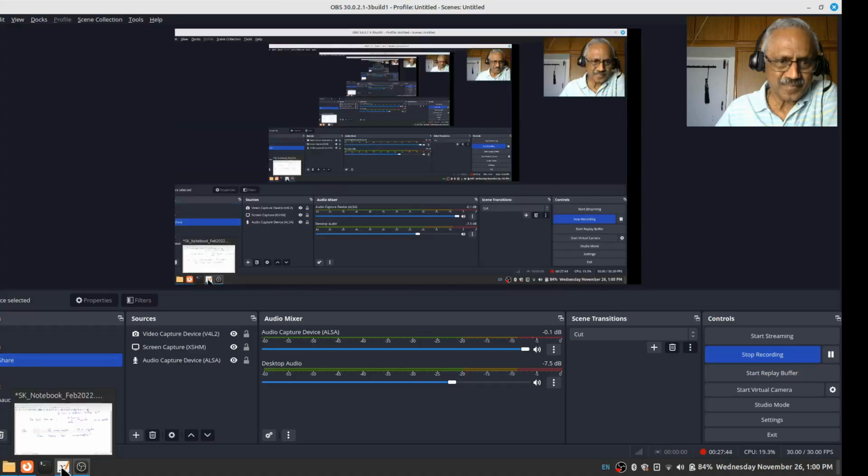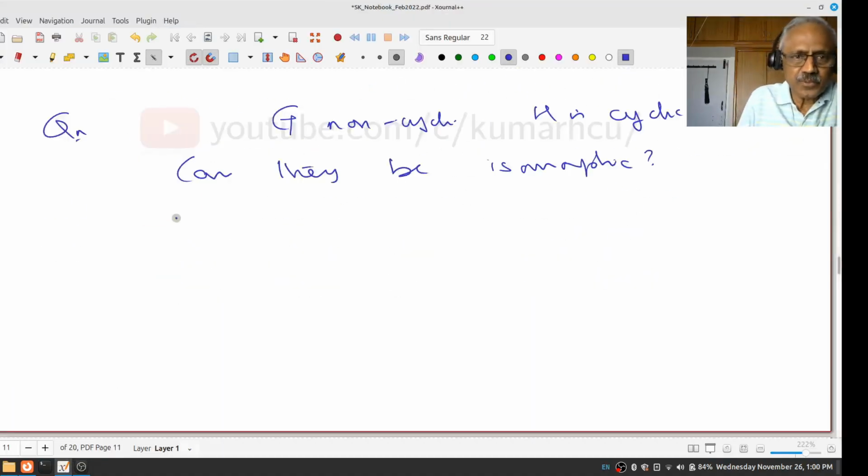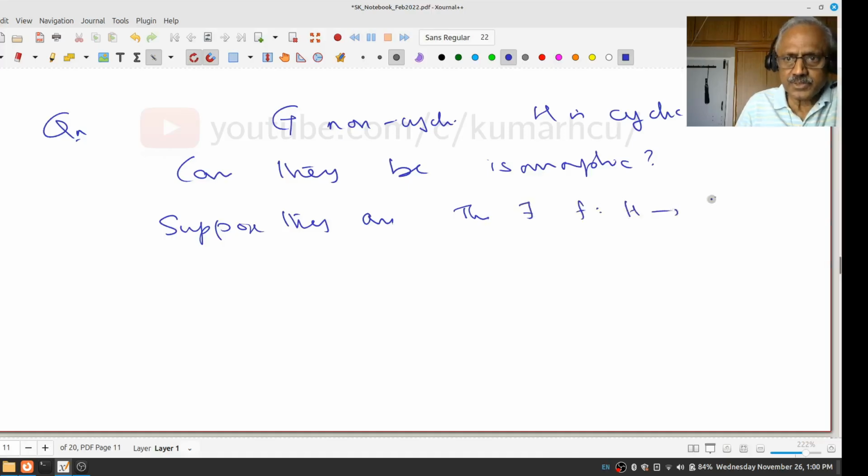Somehow I want to make use of the result. So what kind of isomorphism will I consider? An isomorphism from G to H or from H to G? Learn to think like that. Suppose they are isomorphic, then there exists f from H to G which is an isomorphism.